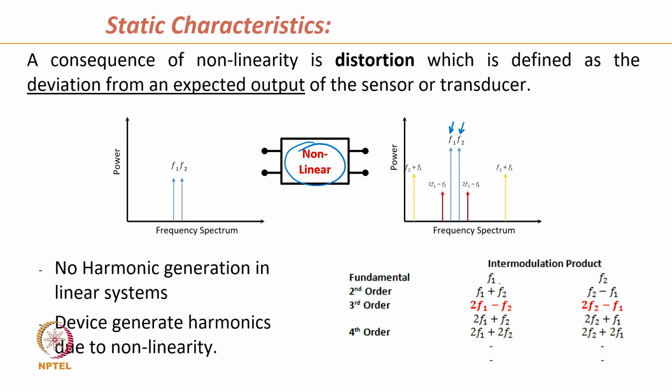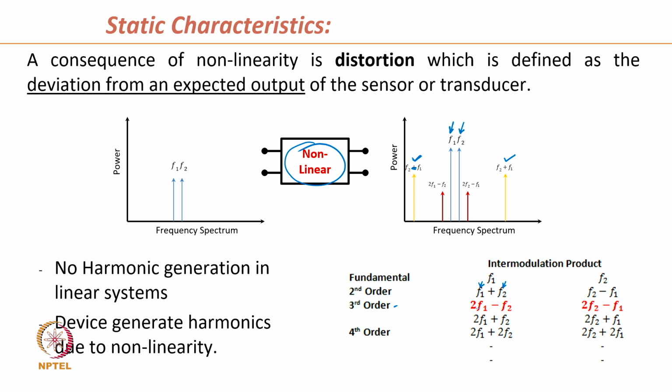So, we get f1 and f2 and the second order terms will be f1 plus f2 and f2 minus f1. These are the second order where we have two terms added or subtracted together, and this f2 minus f1 will be somewhere here and f2 plus f1 will be somewhere here.